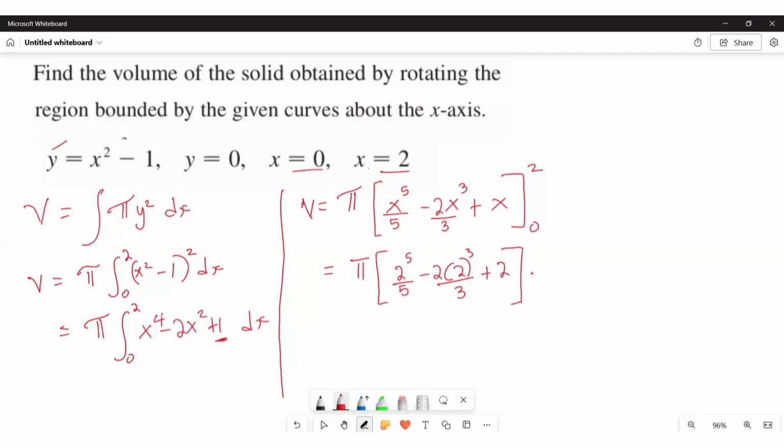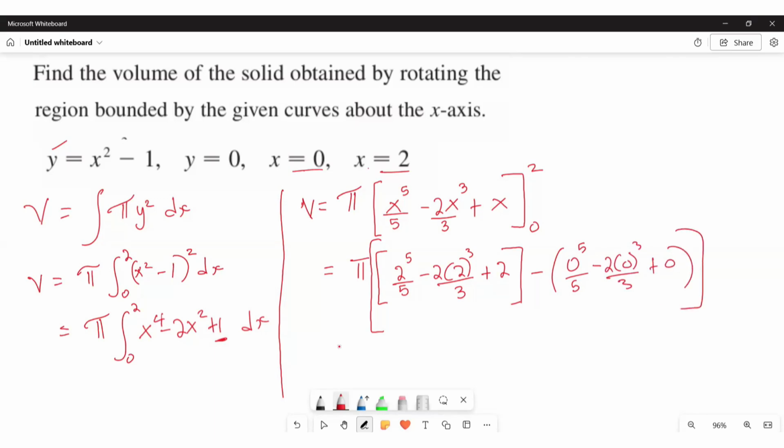And then we're subtracting, putting in a 0. Let me put a bigger bracket here. So we're going to put a 0 here: 0 raised to the fifth over 5 minus 2 times 0 raised to the third over 3 plus 0. And we close that off.